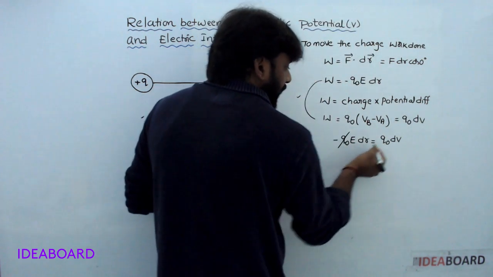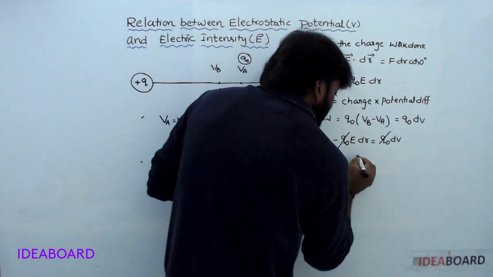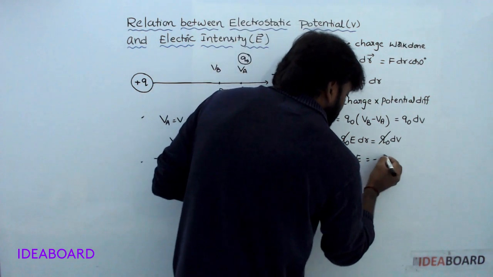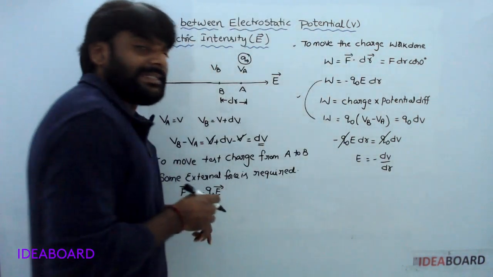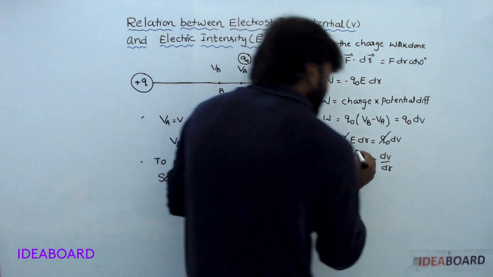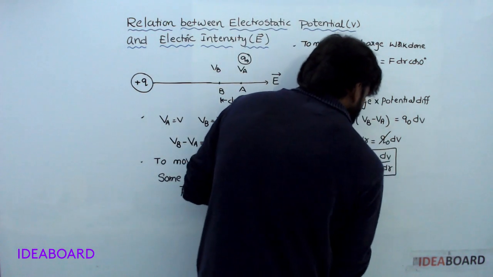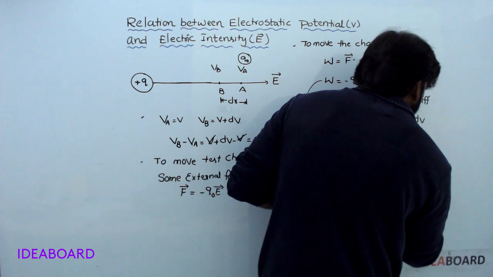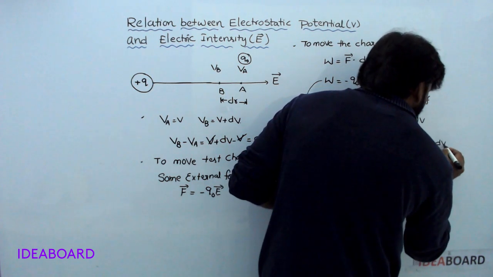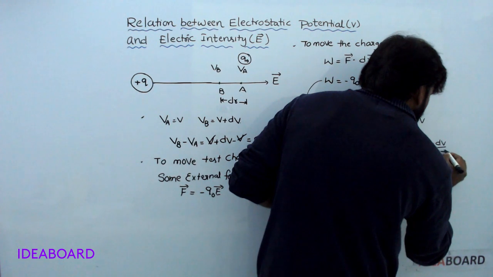Now Q naught cancels, so E is equal to minus dV by dr. E bar is equal to minus dV by dr bar.